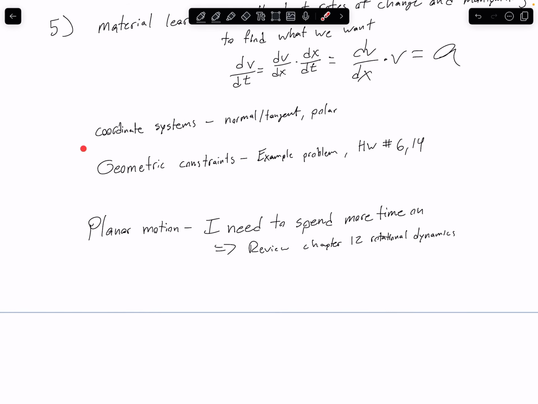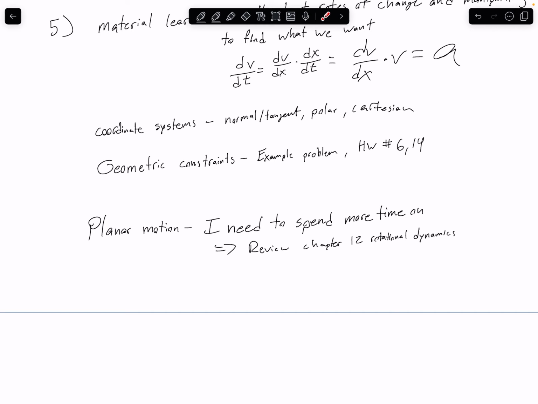Just going over different coordinate systems, normal, tangent, polar. Yes, Cartesian is in there as well, but that's something we're all probably most familiar with. Geometric constraints is kind of a big one, as I showed earlier. Homework problems number 6 and 14. It's very interesting to see.